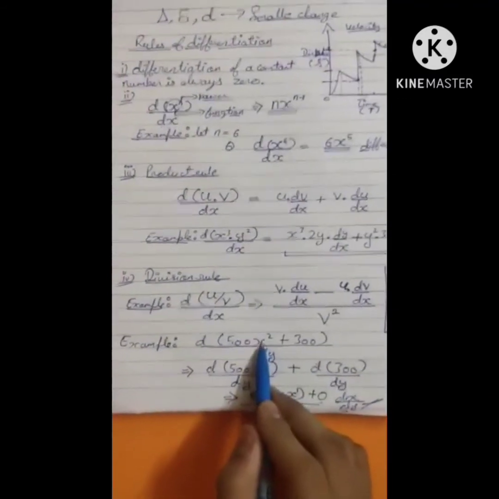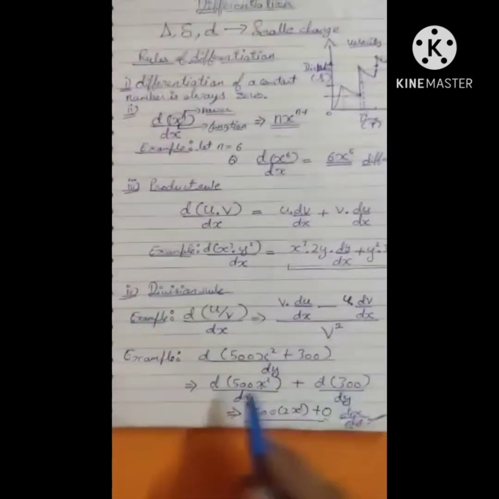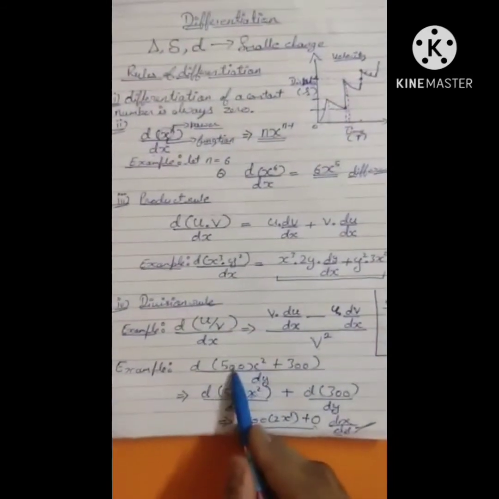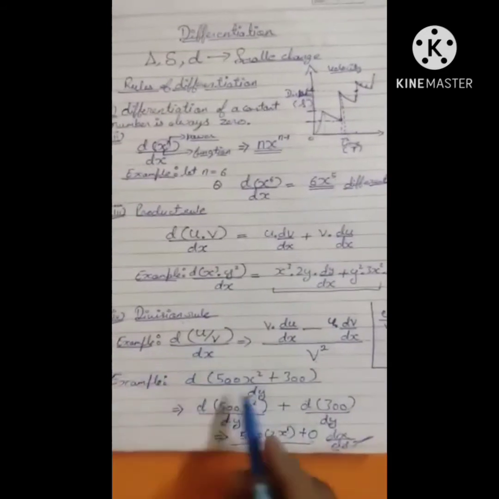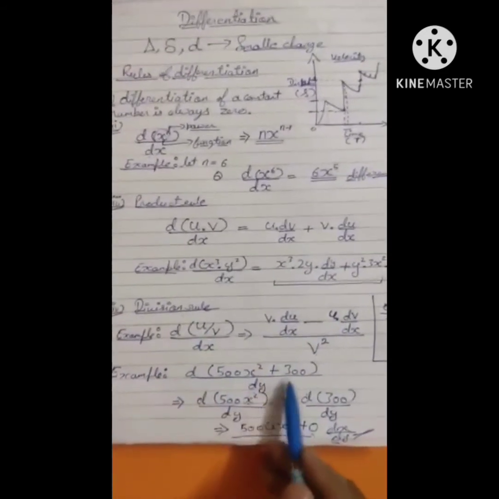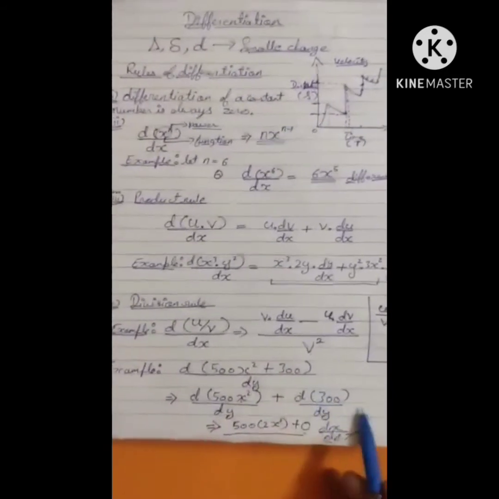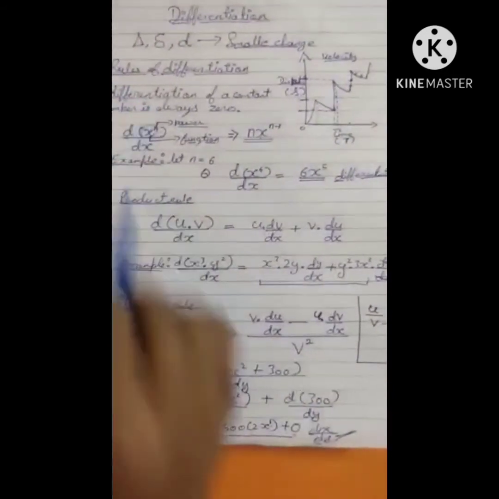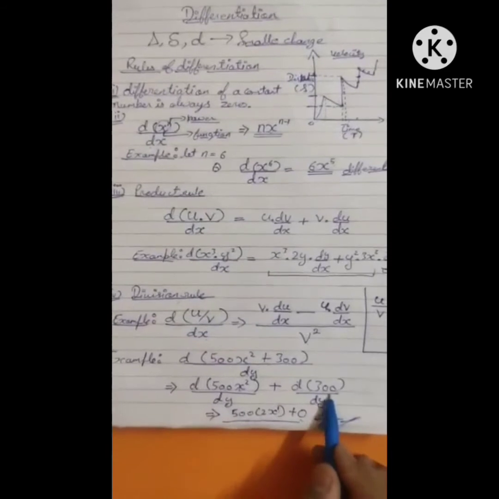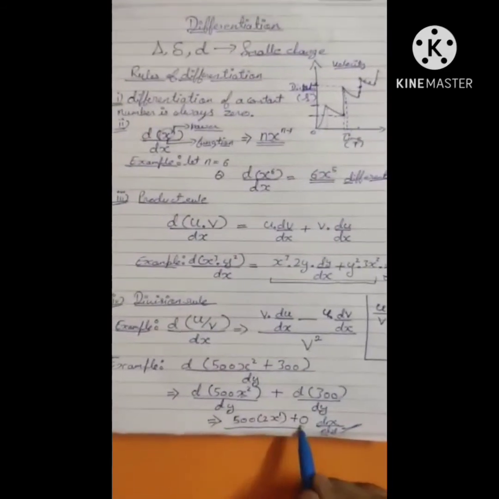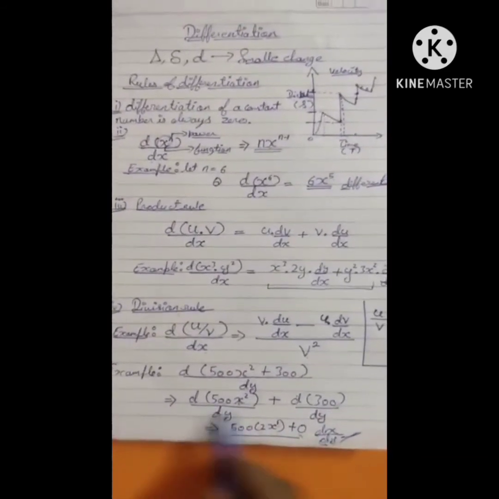There is a variable and also a constant, so how does it work? I divide it into two parts, this term and this term, and the plus sign comes here. As in the first rule, we read that the differentiation of a constant number is always 0, so 0 comes here.